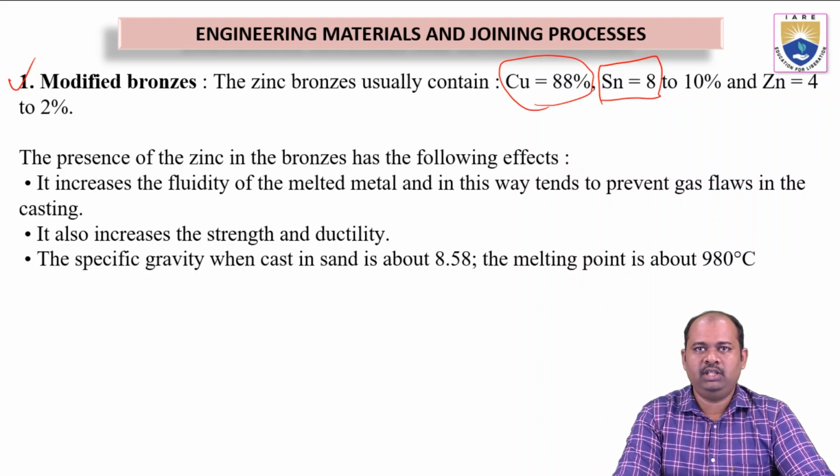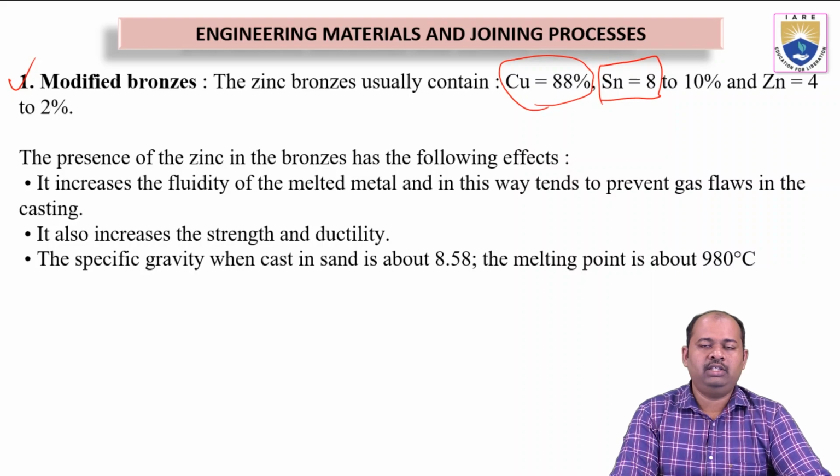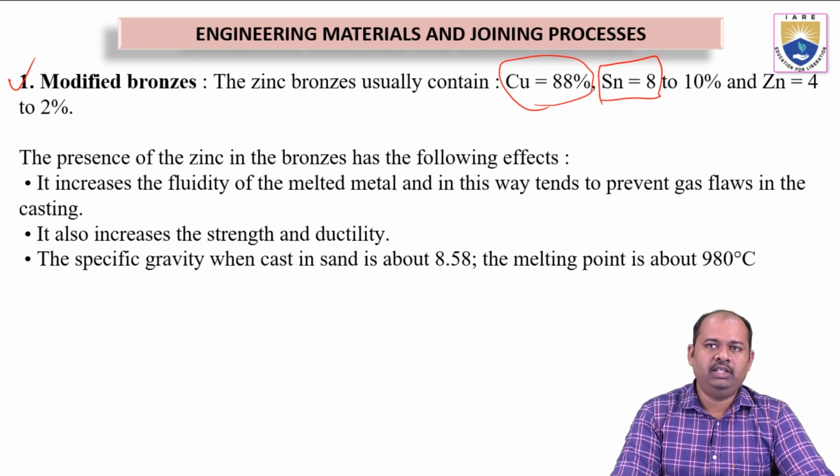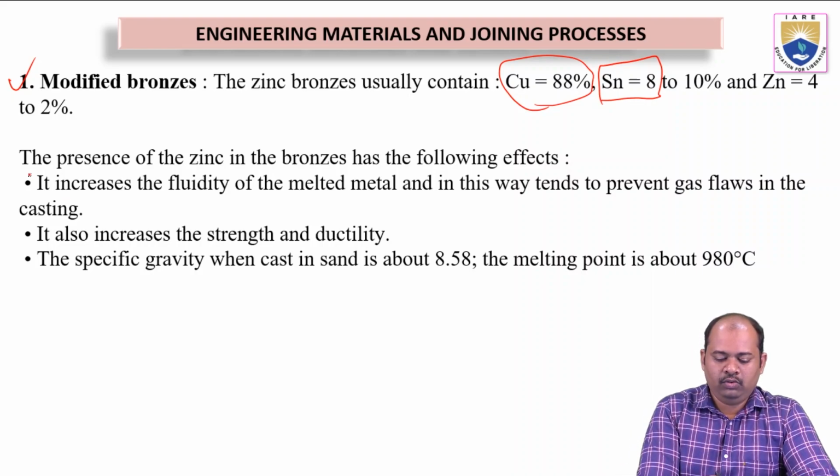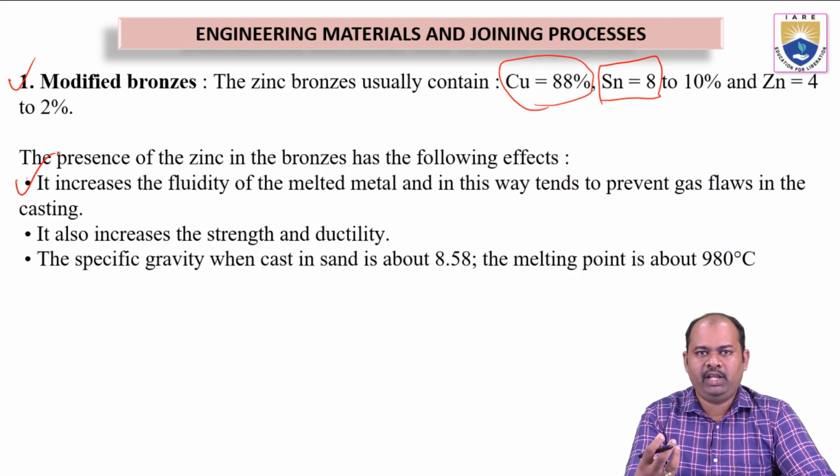The presence of zinc in the bronze has the following effects. It increases the fluidity of the metal, and in this way tends to prevent gas loss in the casting. So when we want to prepare a casting or an object made of bronze, we have to go for this modified bronze where the tin percentage is about 8 to 10%.